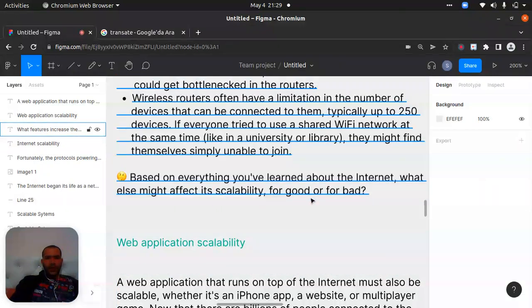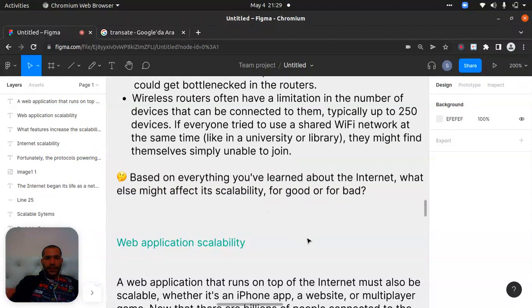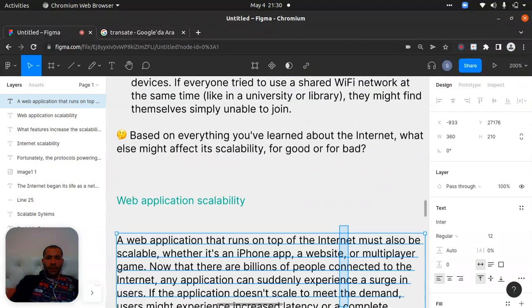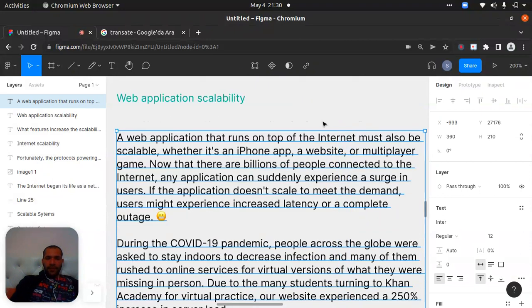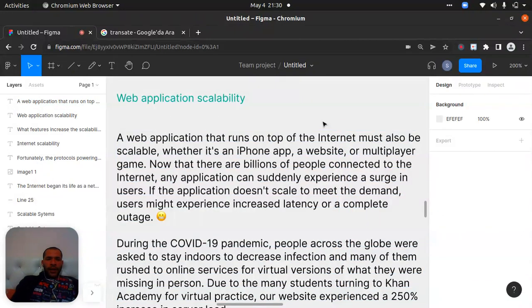Now, based on everything you learned about the internet, what else might affect its scalability for good or bad? Web application scalability. A web application that runs on top of the internet must also be scalable, whether it's an iPhone app, a website, or a multiplayer game.